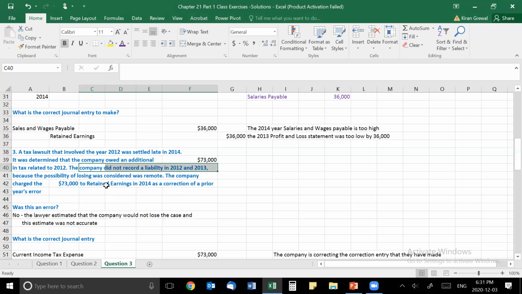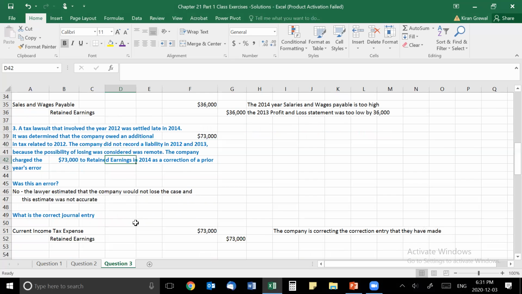So they debited retained earnings. We'll have to reverse that. And then we're going to debit current tax expense because this has to do with owing additional taxes. So sometimes you need to remember the rules from your other accounting courses to figure out if this is an error or not an error.